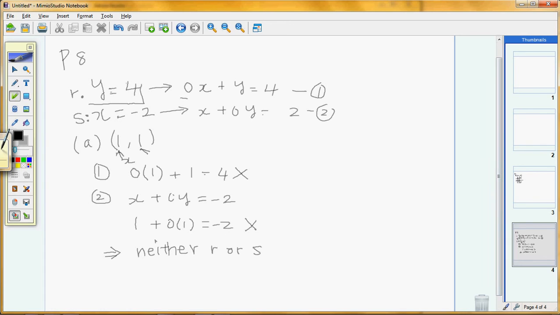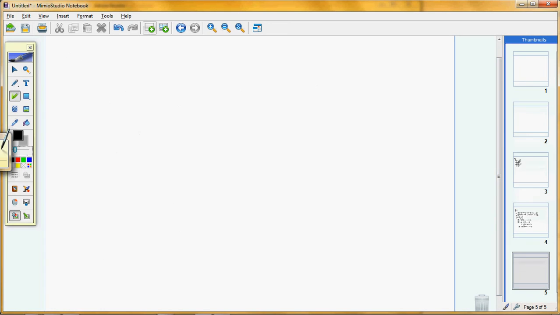Let's move on to the next problem. Problem 10. Line H is horizontal and passes through (5, 2). Find 4 points on H. So pretty much you do the same thing.